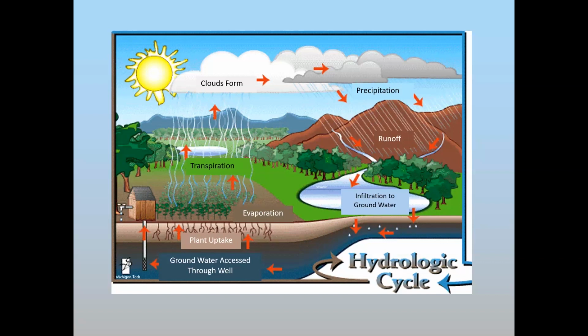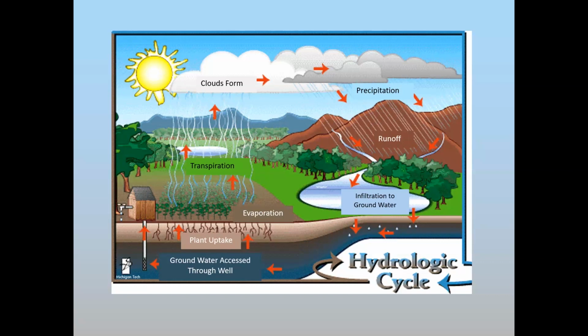And then we use that groundwater obviously for multiple purposes, drinking water, for farming, etc. And then again, any plants that uptake water, they evaporate and transpire water, and then it goes back into forming clouds, and that whole cycle begins.